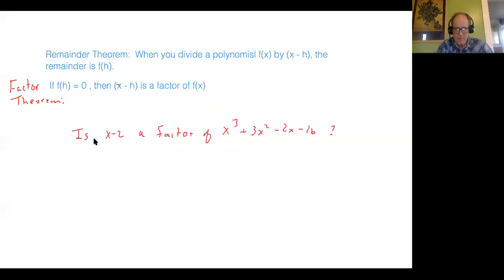So the question is, is x minus 2 a factor of x cubed plus 3x squared minus 2x minus 16? Well, according to the factor theorem, if I go f of 2, and if that's 0, then x minus 2 is a factor of that polynomial.